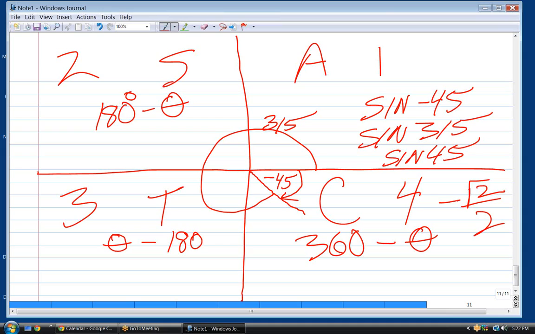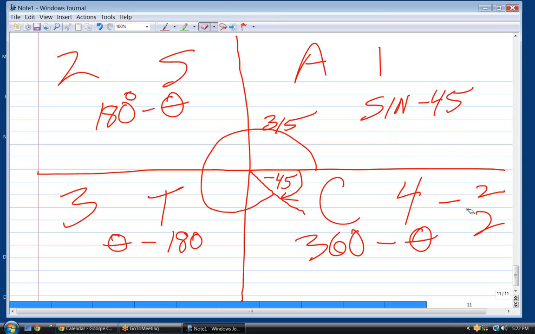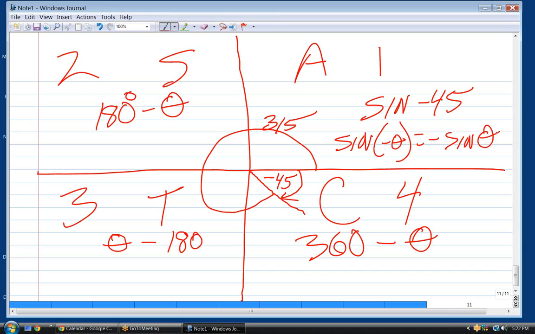The easier way is not to go through this double conversion. It's to know that the sine of negative theta is equal to negative sine of theta. So the sine of minus 45 degrees is minus the sine of 45 degrees. I know sine of 45 is root 2 over 2. I'm done.